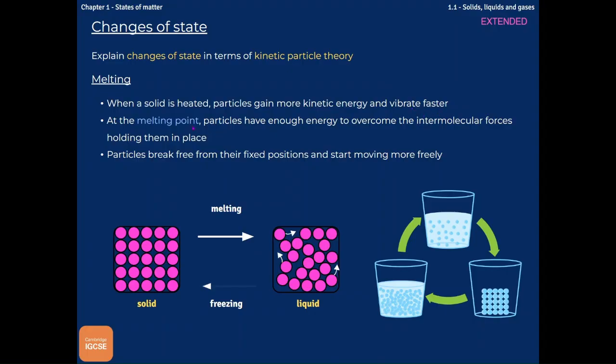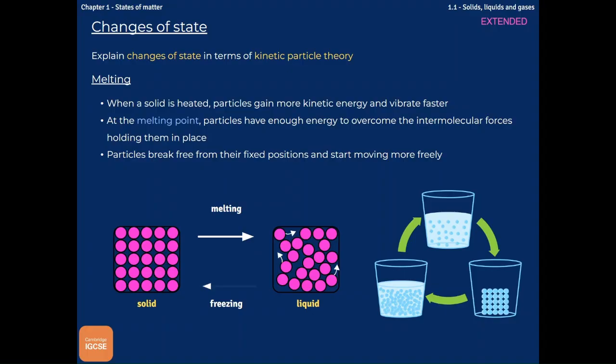When you reach the melting point, the particles have enough energy to overcome the intermolecular forces holding them in place, to overcome those lattice bonds. Let's say it's you shaking a solid: if you shake certain solids fast enough, they will break apart.